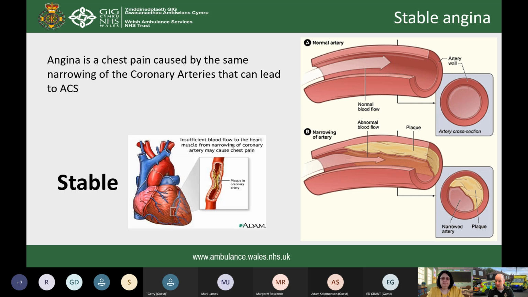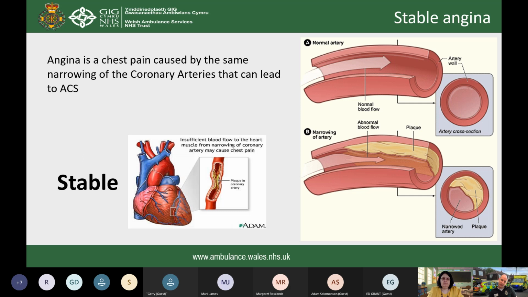Only comes on with exercise, good, which is stable, okay, yeah, good. Reversible with GTN, yeah. Pain down an arm, yeah, good. Temporary, reversible restriction of the coronary blood flow, yeah, good. And exercise induced. Cool, good.